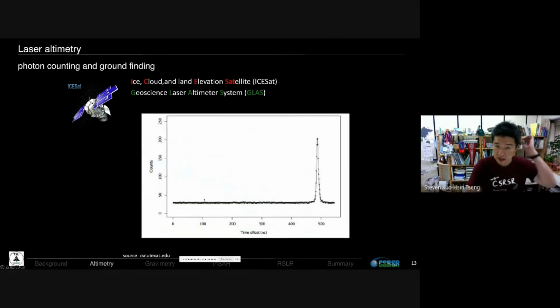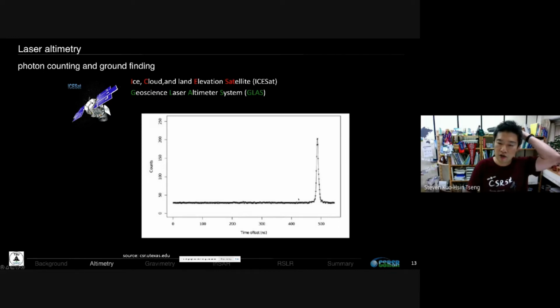So this is the so-called photon counting technology. It's a little bit similar to radar altimeter, where we try to find the peak timing of energy in a series of received echoes. So in laser altimeter, we try to count at which timing the highest number of photons come back to the telescope.